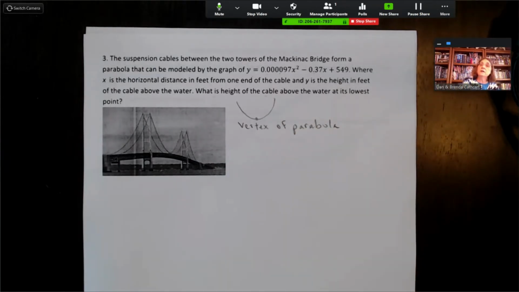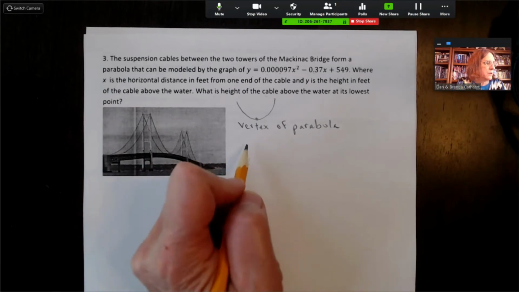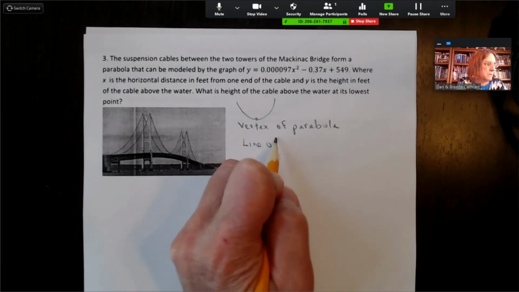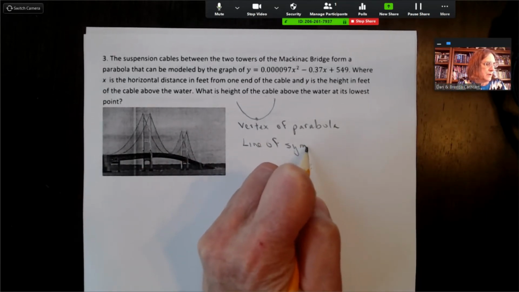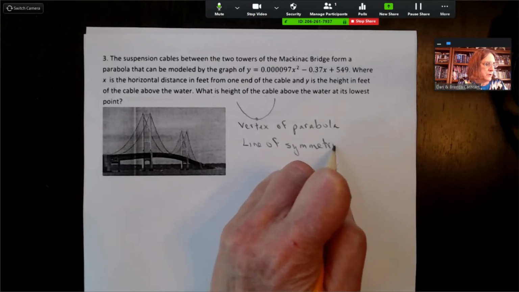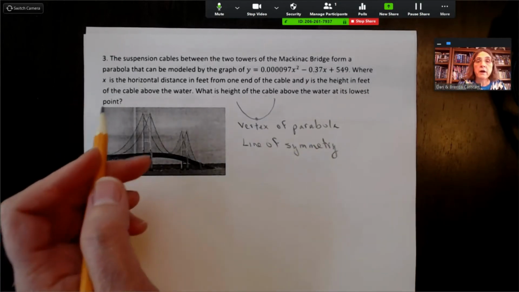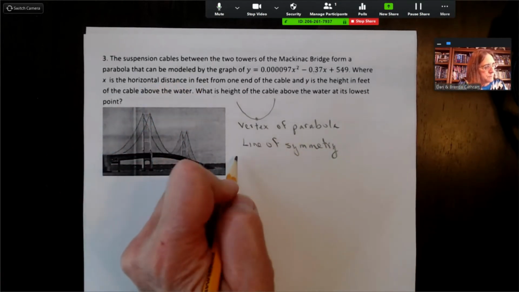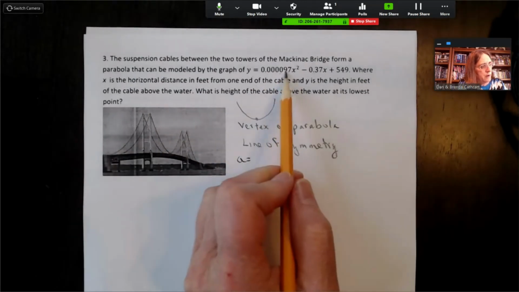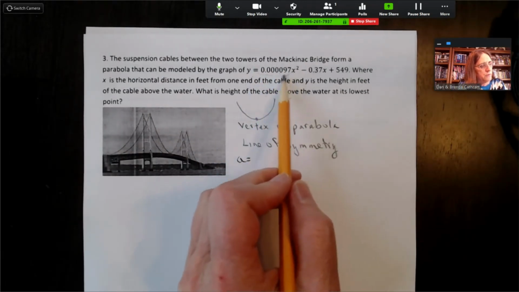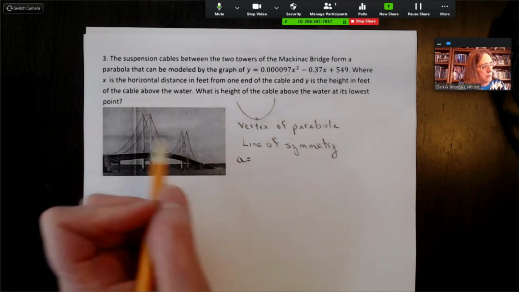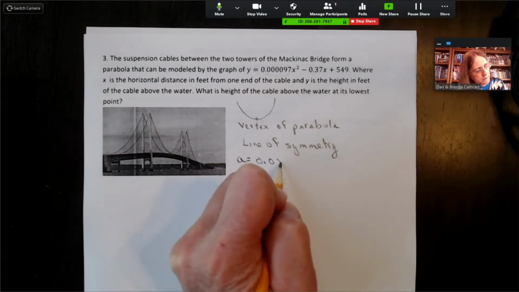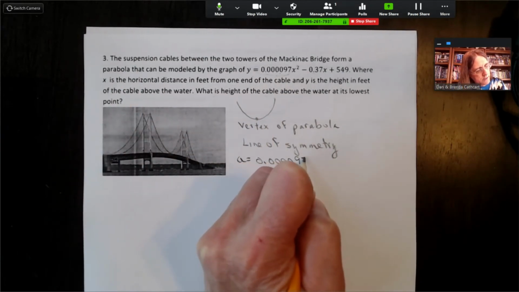So that means I need to find the vertex, and to do that, step 1 is to find the line of symmetry. So let's find the line of symmetry. We need to identify our A and our B. Our A is our leading coefficient, the coefficient of x squared. So it's 0.00097.